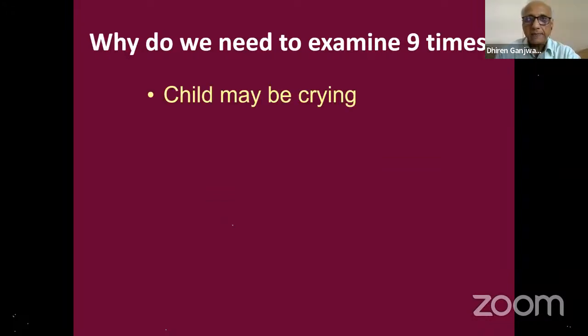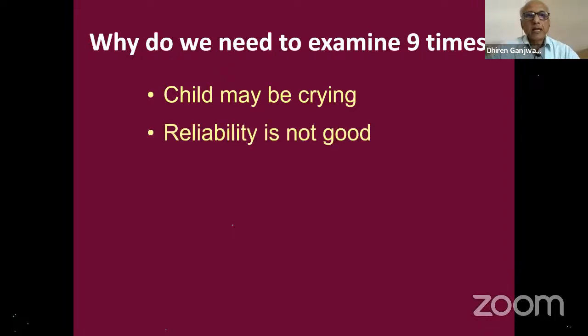The reason is, for a few examinations, the child is usually crying, and the clinical examination carried out at that point is not reliable. Those who are dealing with children know that many times they are crying, and that does not allow us to examine the child properly. So that's the first factor. The clinical examination cannot be carried out properly. The reliability of these tests is not that good.